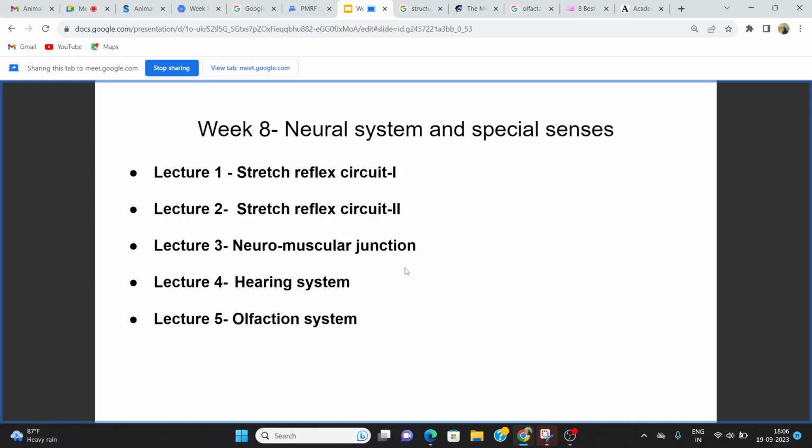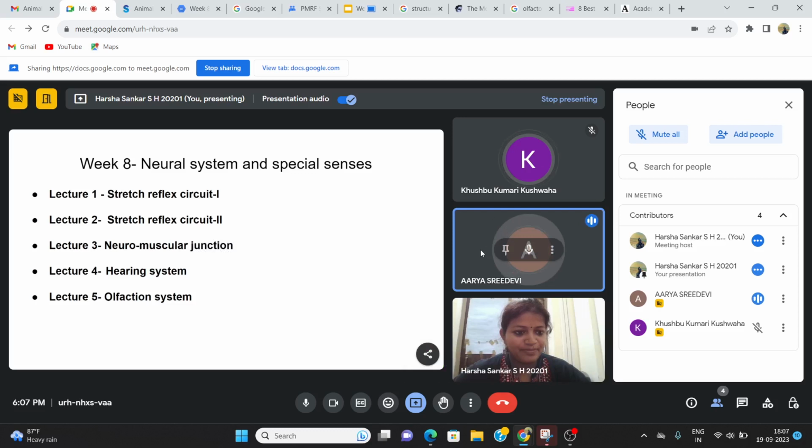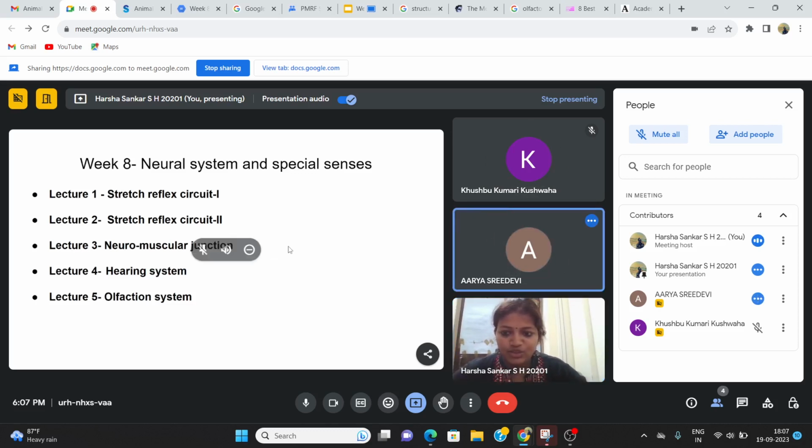Then the mechanism of the diseases. Then the final class, spinal cord injury, and the glial cell we discussed, right? Yes, ma'am. So today it's mainly regarding the stretch reflex circuit.